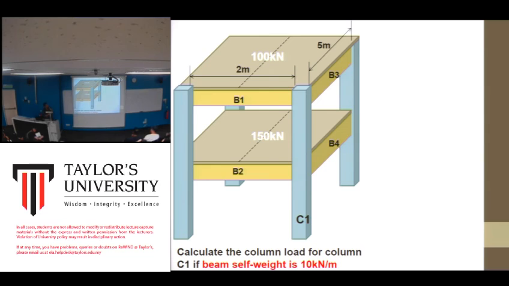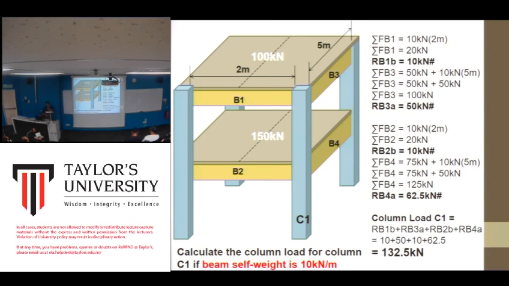So the load of the beam is 10 kilonewton per meter, and you also have the dimension here. So 10 kilonewton per meter times 2 meter, the total load is 20 kilonewton for the beam.